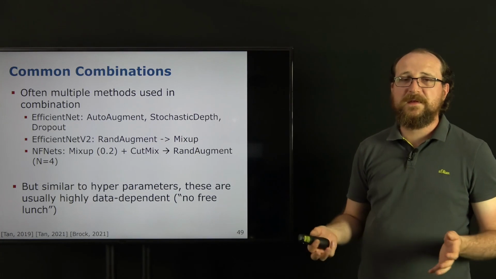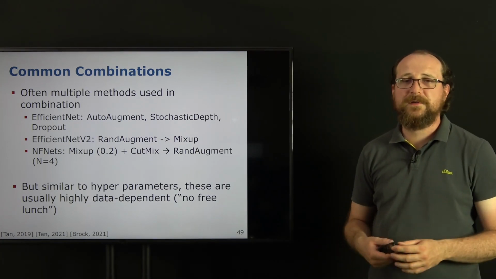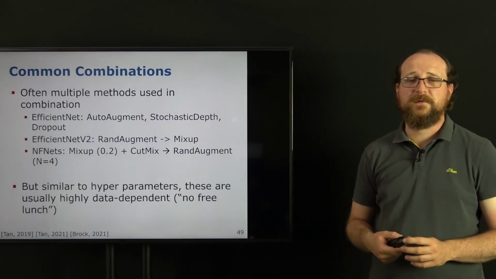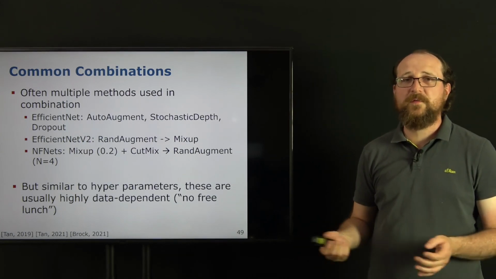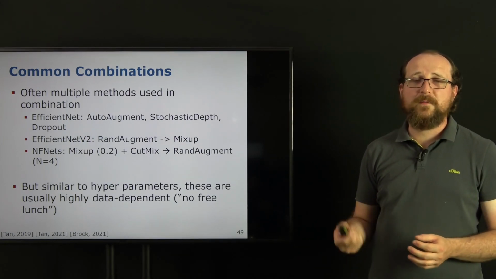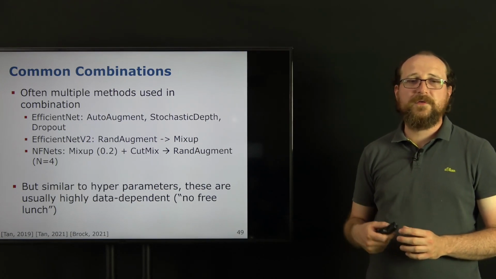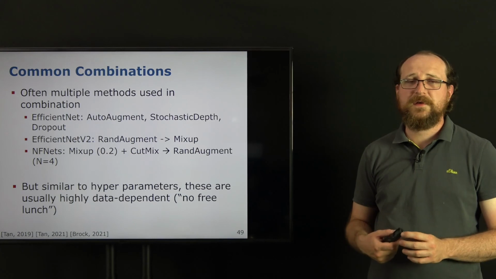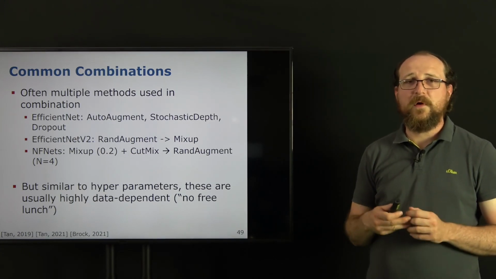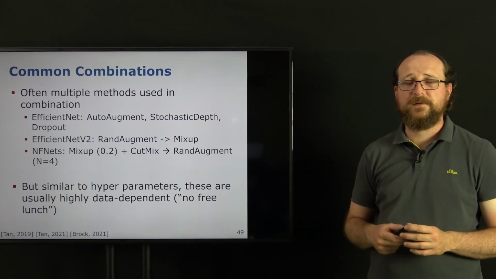But as I said, similar to the hyperparameters, these are usually highly data dependent. So there's again no free lunch, and it's something that one might want to try out. But these common strategies of using dropout or stochastic depth showed very promising results over a wide set of different tasks.